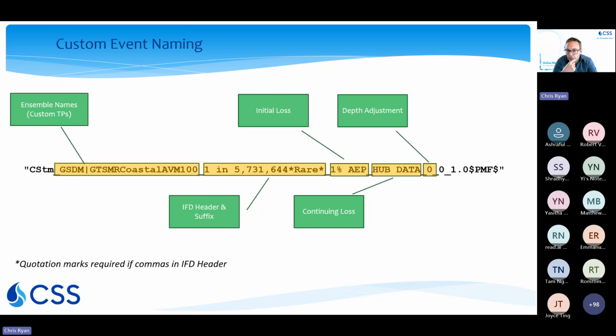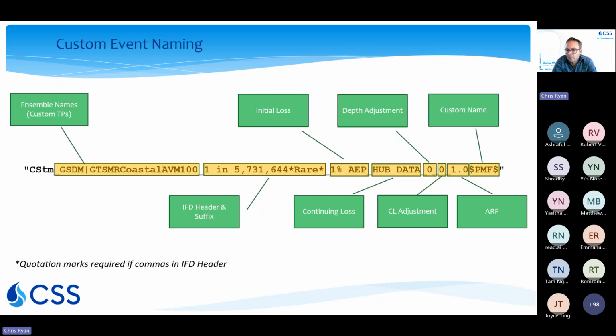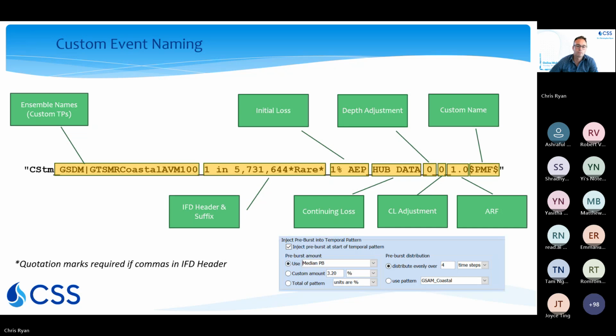And then we have any rainfall depth adjustment we may use. So that's where a climate change adjustment might go, for example, and any continuing loss adjustment we may apply. If you want to use a custom ARF, you can specify it here. And then we put what we want to name our event there. So that's the basic structure.